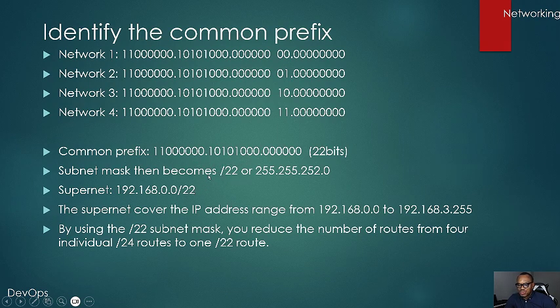What will be our network address and our broadcast address? All right. If you convert this /22 into decimal, this is what you will get. If you are thinking, oh, how did we get 252?